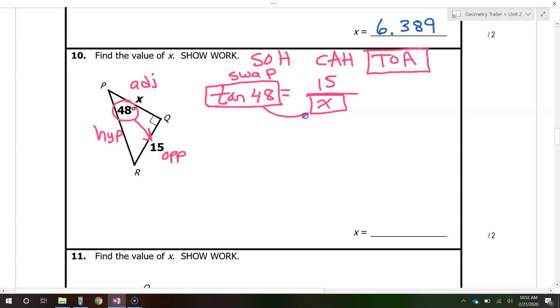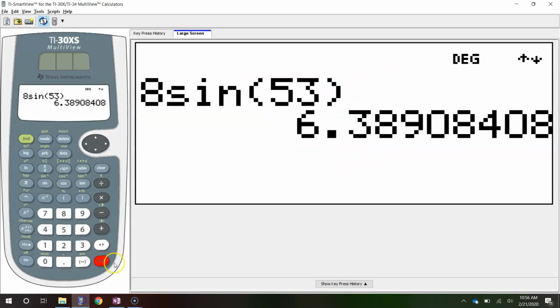And this is what you do whenever the variable is in the denominator. So the x is going to come over here by itself. And then the 15 is not going to move, but the denominator will be tangent 48. And then you put this in the calculator, 15 over tangent 48.